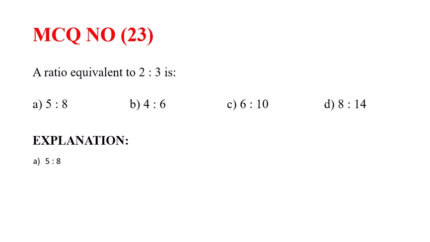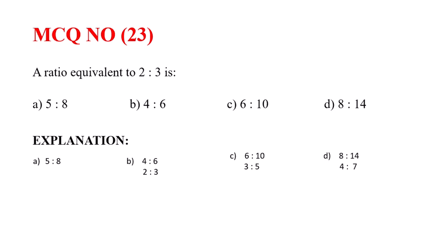Explanation: option A is 5:8. The 5:8 does not reduce to the same ratio. Option B is 4:6. These two numbers divide by 2, we get 2:3. Option C is 6:10. These numbers divide by 2, we get 3:5.